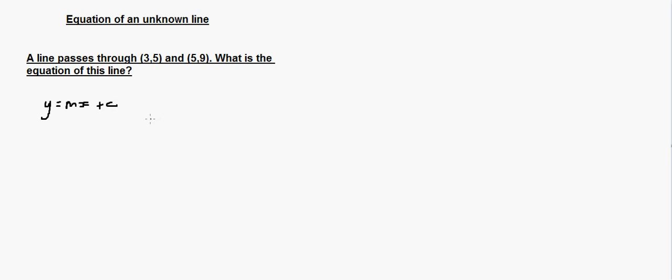Okay, so what I can do is, although I've not got a graph, I will do just a little sketch to give me a vague idea of what I'm looking at.